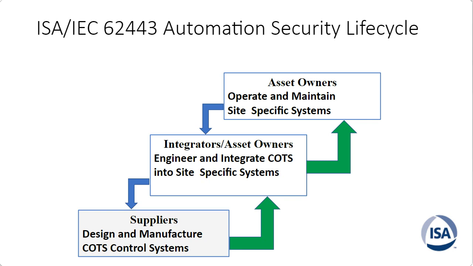So in the end, if there's some type of incident that looks like it could be cyber related, you typically would have a triage of these 3 different stakeholder groups: asset owners, the integrators, and suppliers, to determine whether you really have a cyber incident or if it's a self-inflicted wound, if you will, from not following procedures for operations, maintenance, or upgrades, or patch management. And so, again, there's standards that address each of these categories.